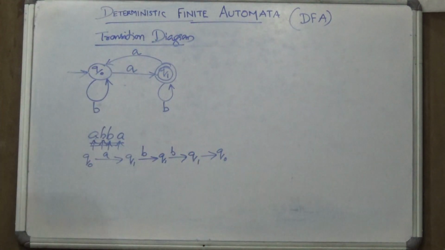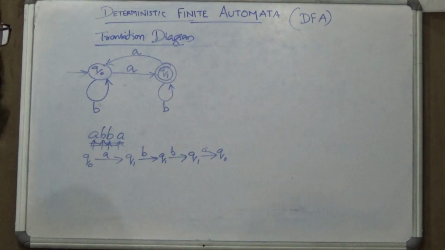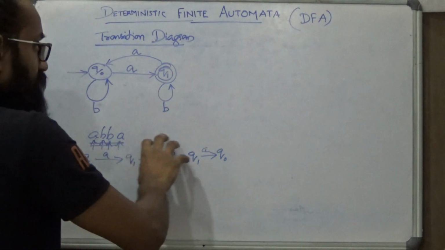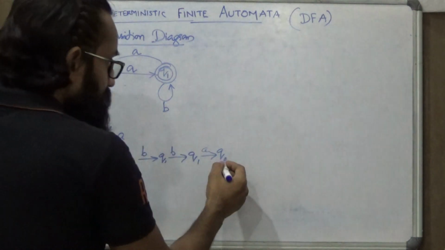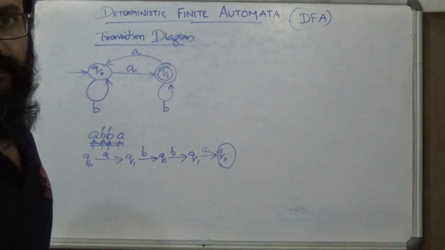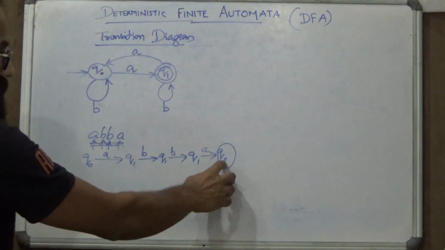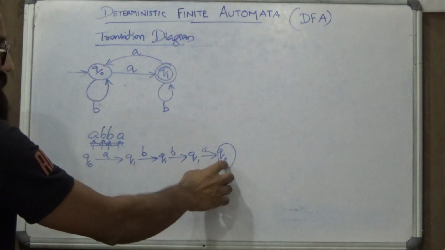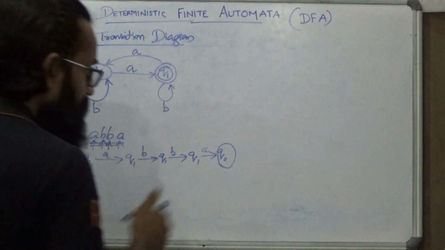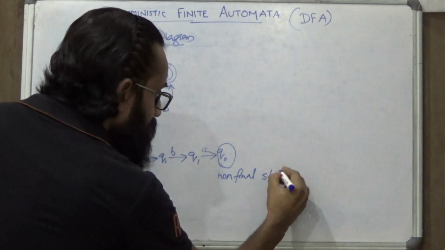At this point it is clear that this machine has completed reading the entire string. After completing the read operation of the entire string, check whether the machine reaches a final state or not. Here the machine is in state Q0, which is a non-final state.